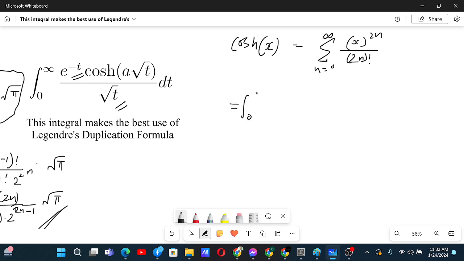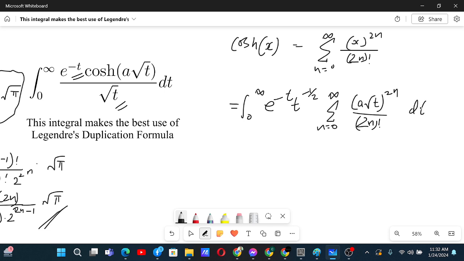We have the integral from 0 to infinity of e to the power minus t, t to the power minus 1 by 2, and then the infinite series expansion from n equals 0 to infinity of root t to the power 2n by (2n)! dt. And now since the series is always positive, we can exchange the sum and the integral.